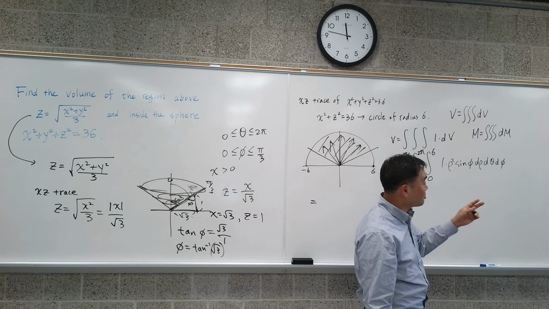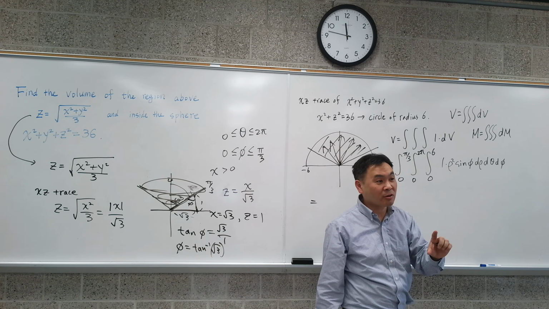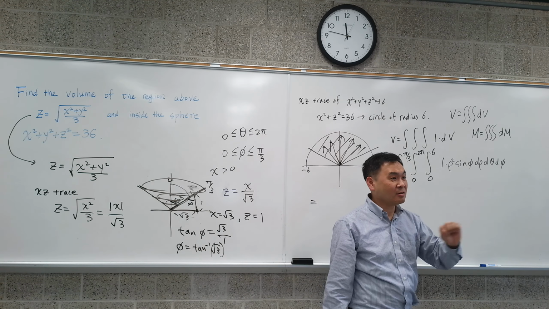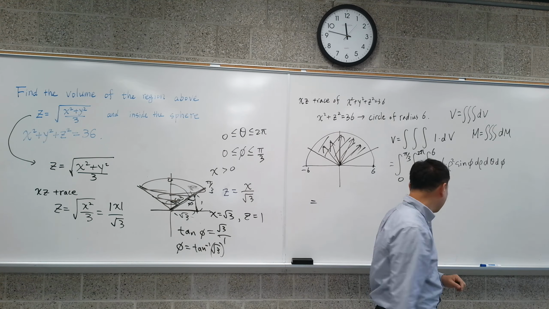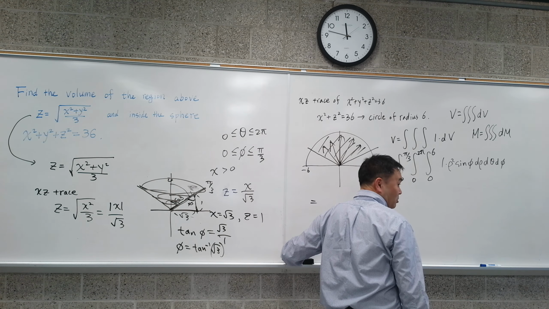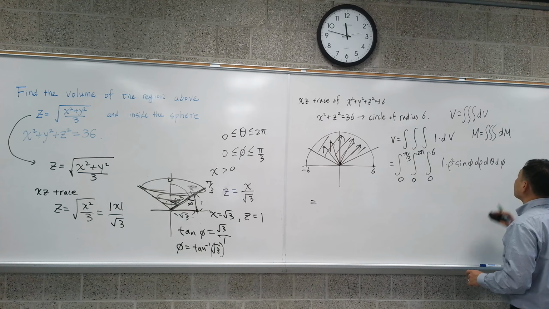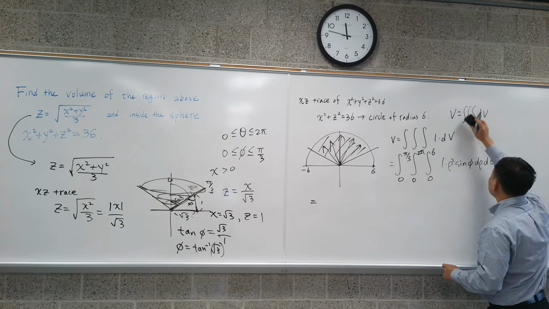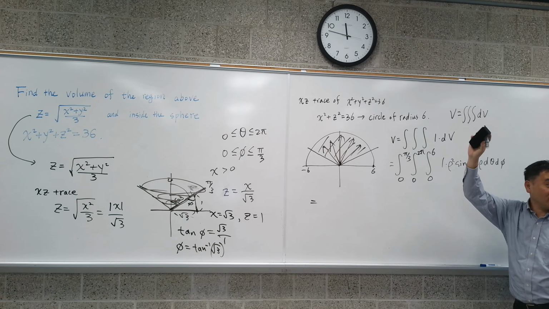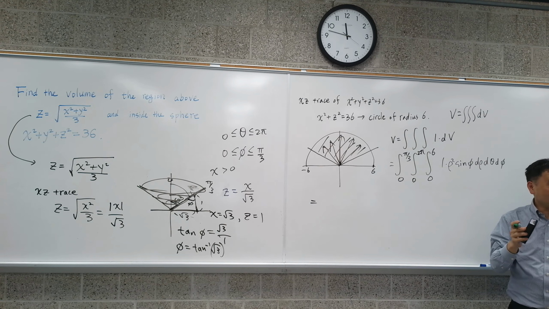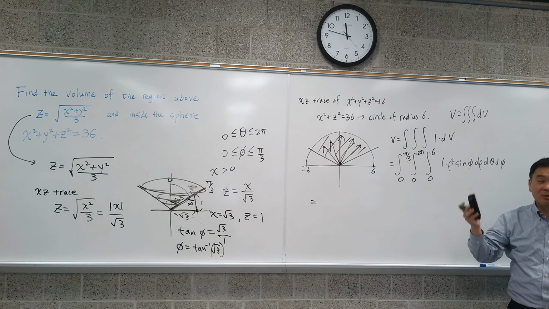Flux also has this property. If you want the total flux, you integrate the small bits of flux. That's exactly what you've been doing in some of your physics 2 exam questions. So this is always true for any physical quantity that's additive. If you can add small stuff and get the big thing, you can always do that.